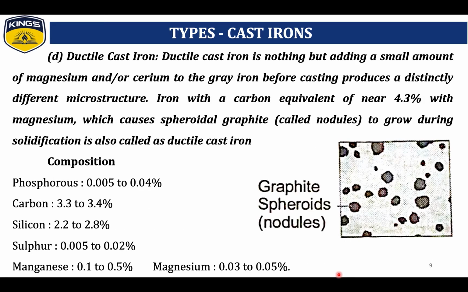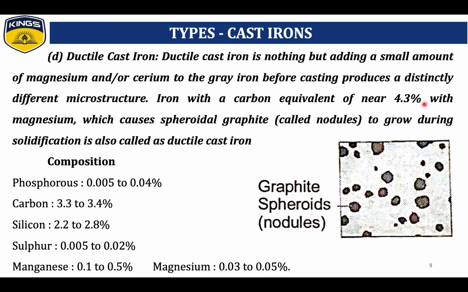Next, ductile cast iron. Ductile cast iron is made by adding a small amount of magnesium and cerium to the gray iron before casting, which produces a distinctly different microstructure. If we add this magnesium and cerium, there is some structural difference at the micro level.